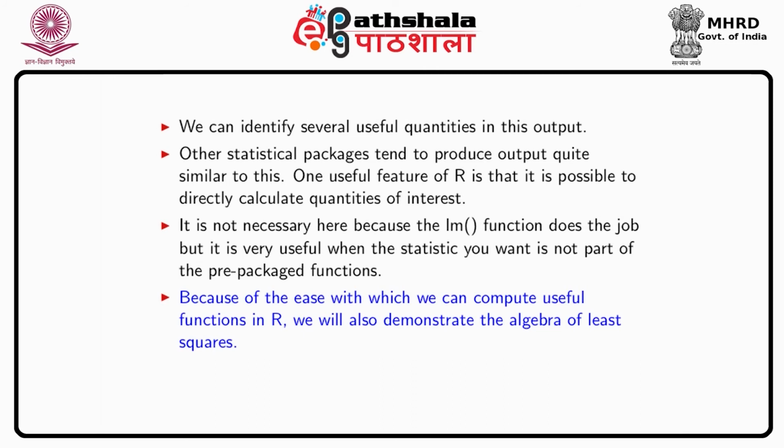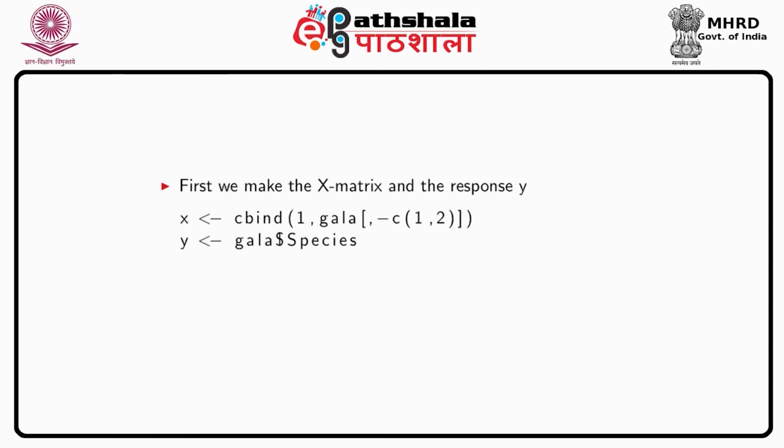In order to use these functions in R and find the values of the coefficient estimates, we perform the next few steps. First, we make the X matrix and the response y. So we have a data frame which is called Gala. It's available in R, so we define our X, the design matrix, and the y vector, the response vector, as follows.